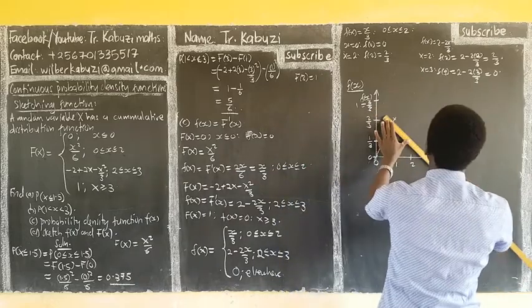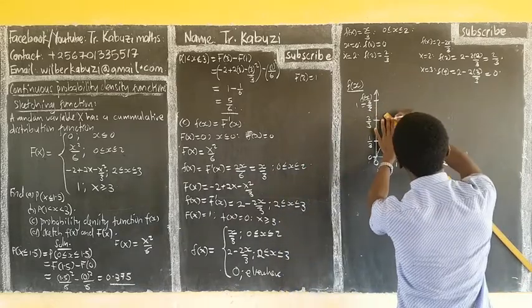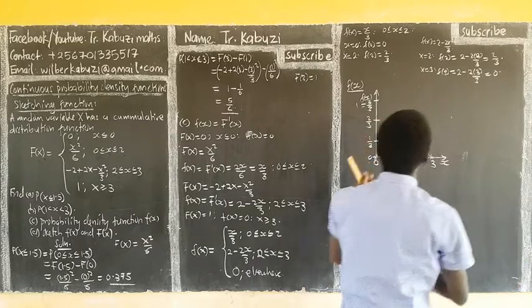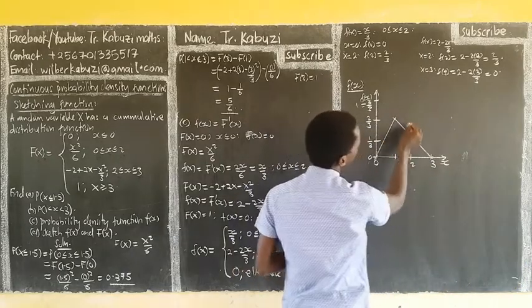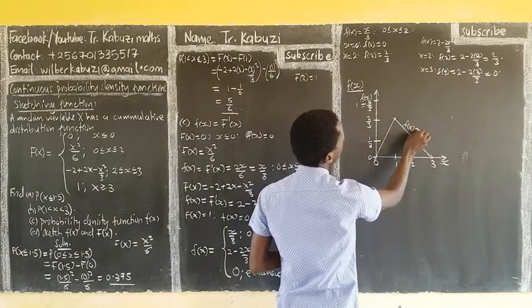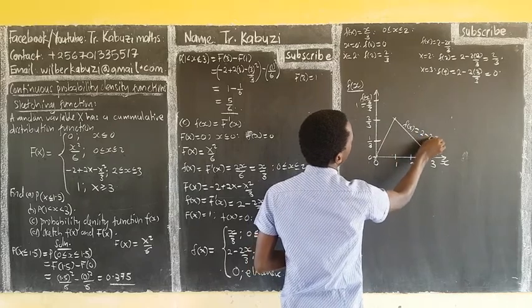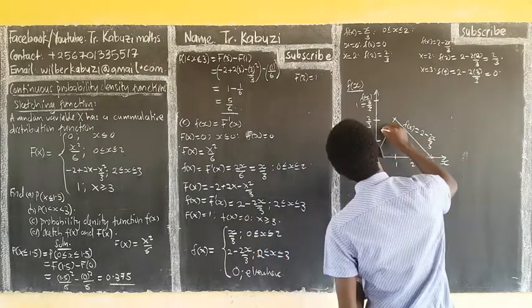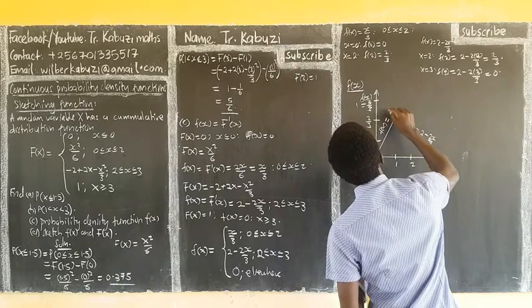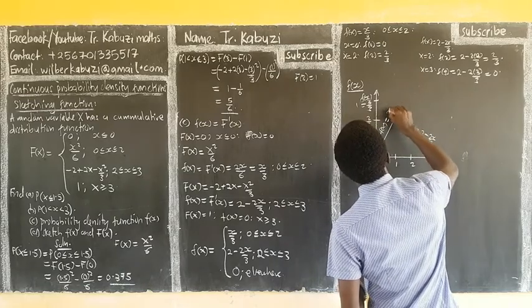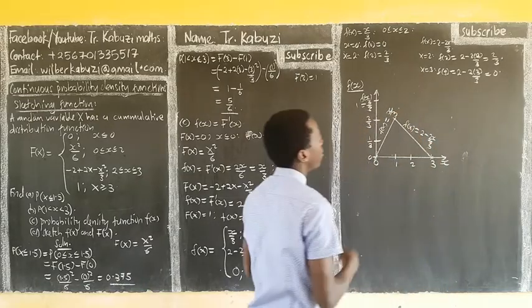You see the line: this one has a negative gradient, it's decreasing, and that is the 2 minus 2x over 3 part. Then this one is our f of x equaling x over 3. And so you are done.